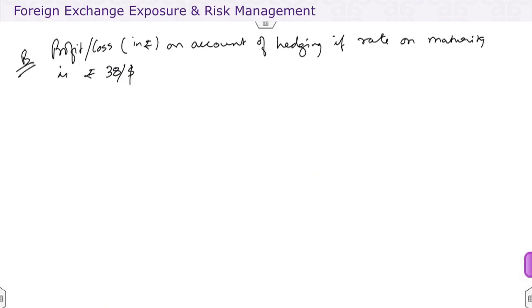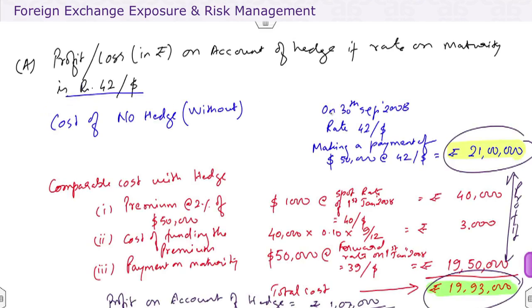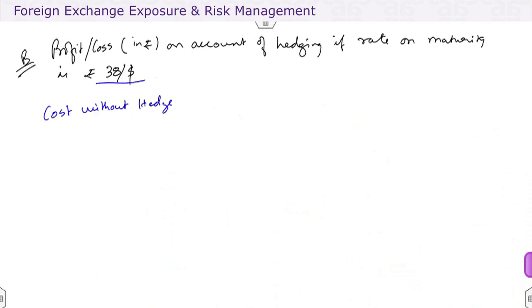So again, the same process, the way we understood the first part, if you are not hedging, the cost without hedge would be that you have to make a payment, the same thing that we did earlier, that on 30th of September, if the rate has become 38, you have to make a payment at 38. Okay, so cost without hedge would be the rate which is applicable on maturity.